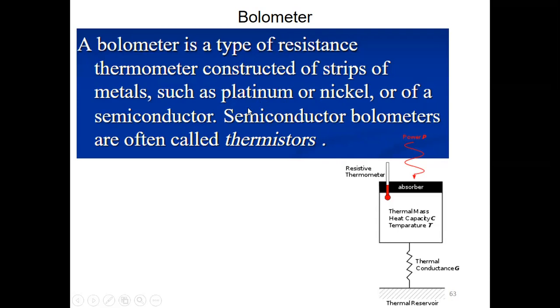If it is a semiconductor, we call it a thermistor. If not, the bolometers are made with platinum or nickel. So what is happening? The incident radiation comes here, and there will be an absorber and the resistive thermometer and all these things, and it will give the signal, right?